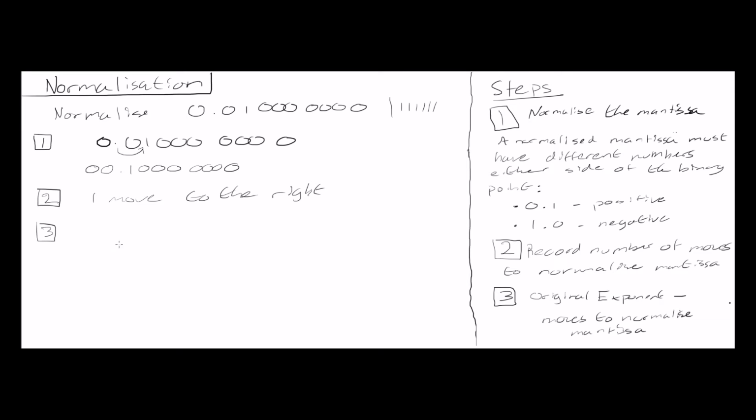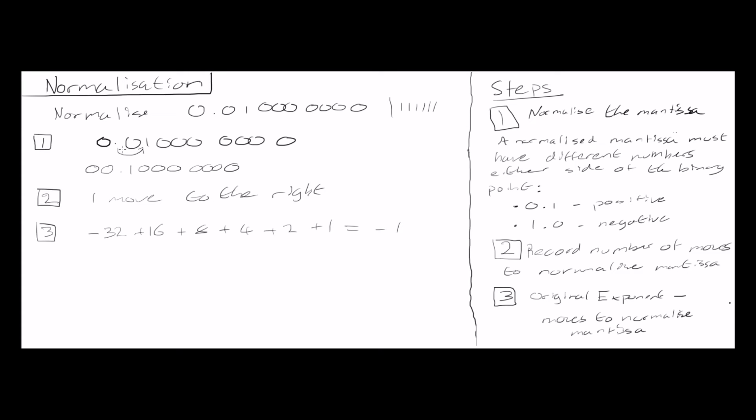If we calculate the value of what the exponent is at the moment in denary, it is minus 32, because it's a negative value, plus 16, plus 8, plus 4, plus 2, plus 1 equals minus 1. So that's our original exponent.